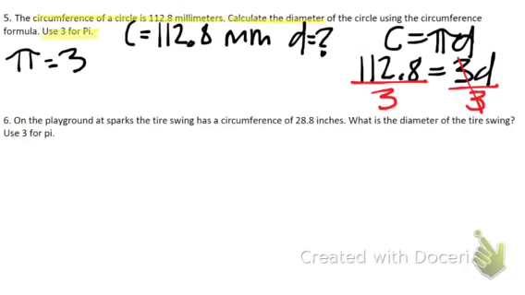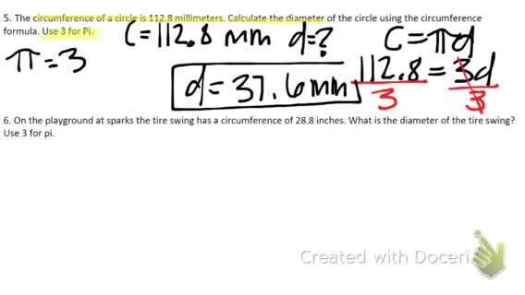So when I do 112.8 divided by 3, that gives me that my diameter equals 37.6 millimeters. So that means the distance from one endpoint of the circle to the other going through the center is 37.6 millimeters. And you guys could test it out by plugging the diameter back into the formula, multiplying 3 times 37.6 to see if you get that circumference that was originally given.